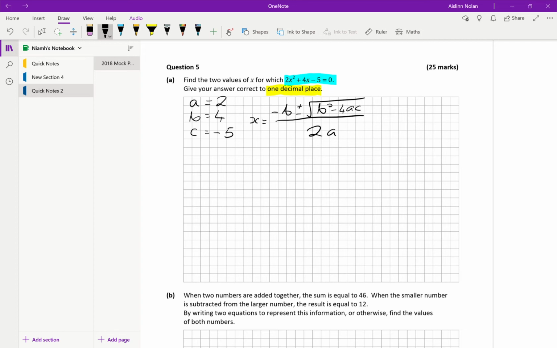So we end up with minus 4 plus or minus the square root of 4 squared minus 4, a which is 2 and c is minus 5 all over 2a which is 2.